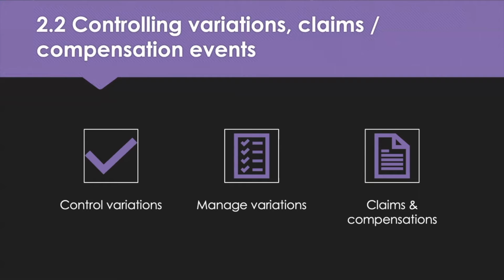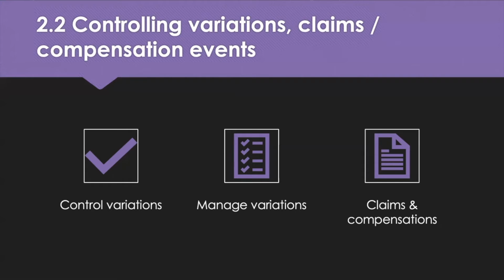The second way you can manage variations is during the project, having communication between contractor, client and the project team. That's critical to minimising any disruptive effects of a variation order. Similarly, disputes can be avoided by being honest and transparent with the client about how variations will affect the costs and the schedules. And the last way we can deal with this is through claims and compensations, particularly those pertaining to construction projects.